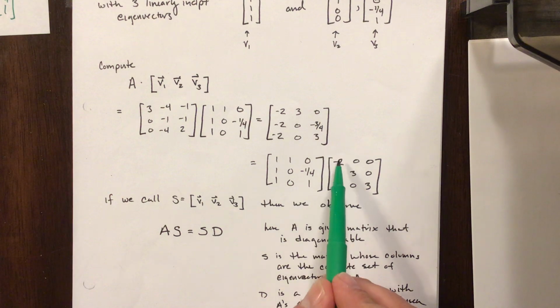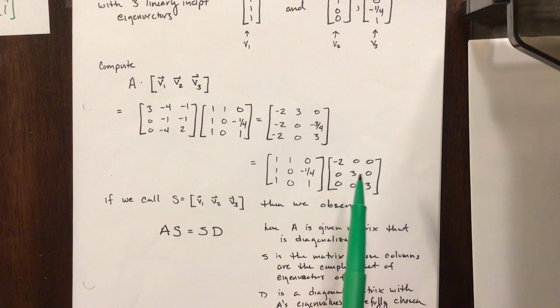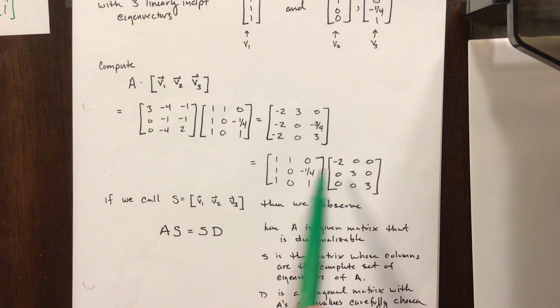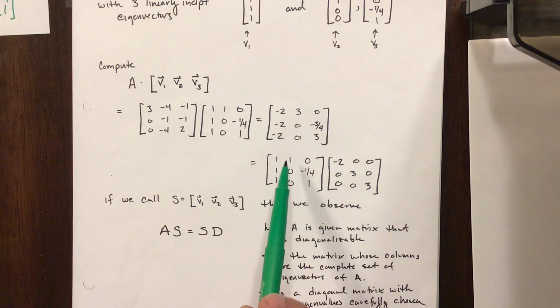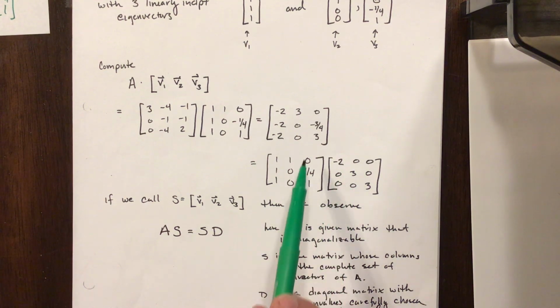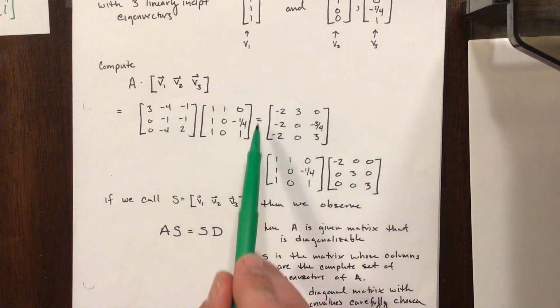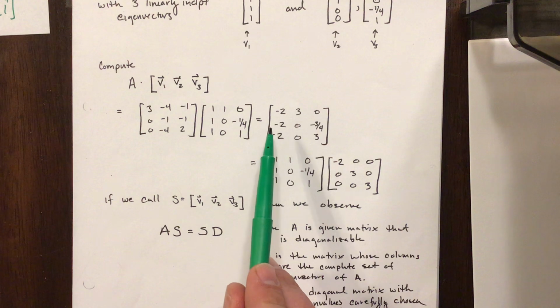I'm taking the first eigenvalue, negative 2, in the upper left-hand corner, column 1, and multiplying this matrix by the matrix where the first column is the eigenvector that corresponds to negative 2. This eigenvector corresponds to 3, and this eigenvector corresponds to lambda equals 3 as well. And what do you observe? When you do this computation, you get this same matrix right here.